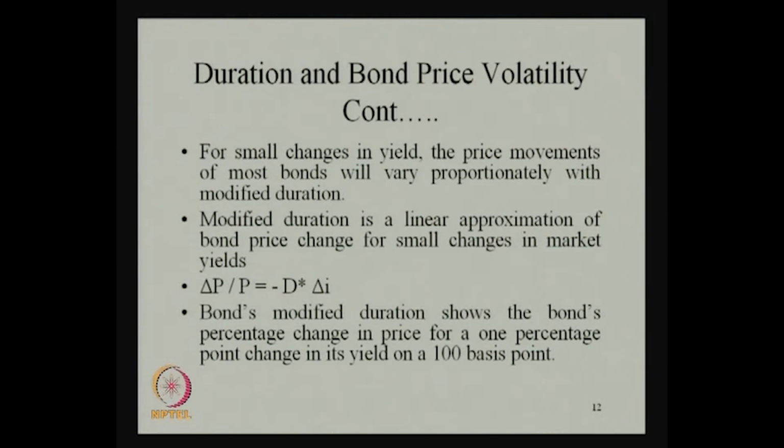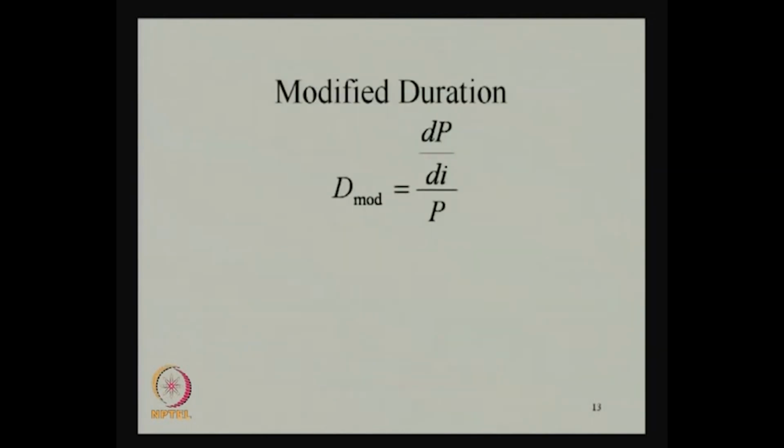That is why we write delta P by P is equal to minus the modified duration into delta i. So, the bond's modified duration shows the percentage change in the price for a 1 percentage point change in the yield, or 100 basis points. That is basically how the modified duration is defined.